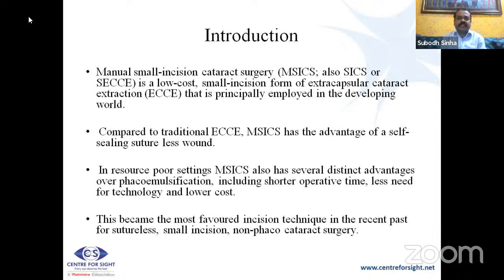If we compare the traditional extracapsular cataract surgery with manual small incision cataract surgery, the biggest advantage of manual small incision cataract surgery is that the wound is self-sealing and it can be done without any suture also.